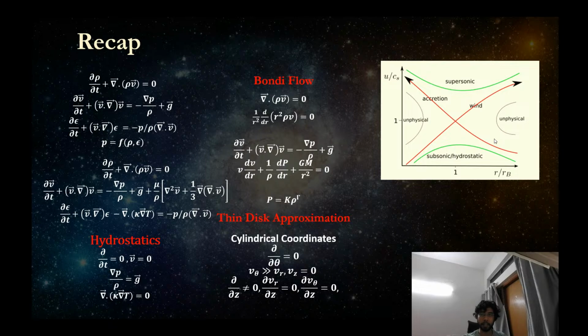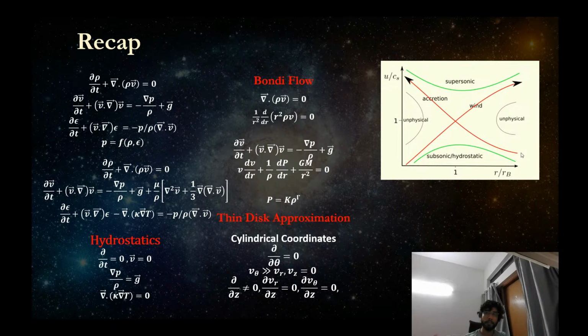So the matter has to cross this point, and in case of accretion, when the matter crosses this point, right? This is called the sonic point, and the velocity keeps on increasing till it reaches the surface of the compact object or the horizon of the black hole. In that case, velocity is very close to the speed of light in case of a black hole, right?